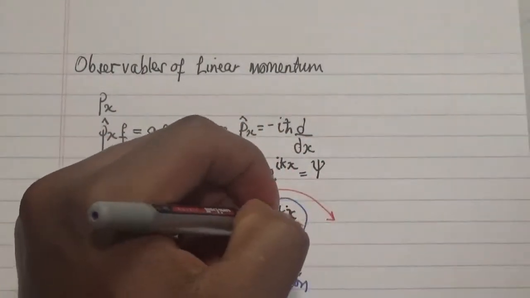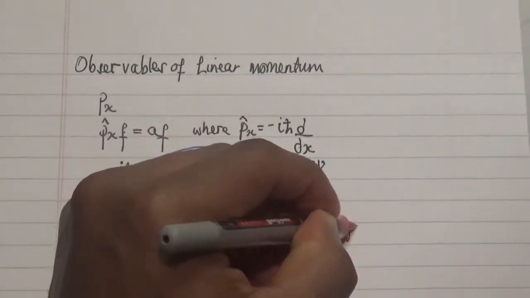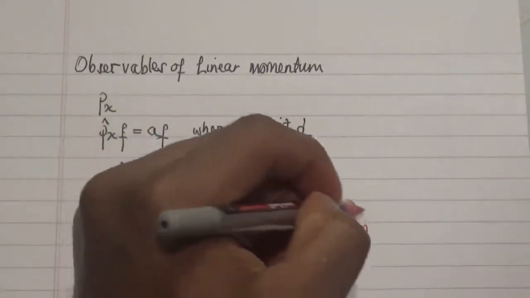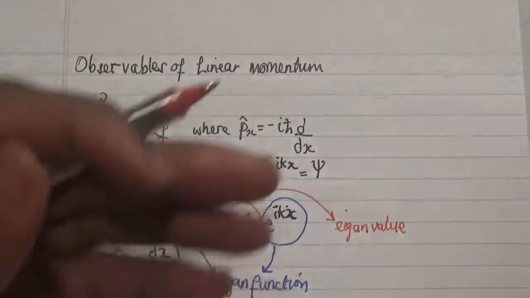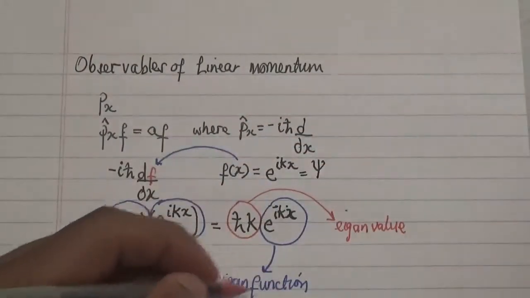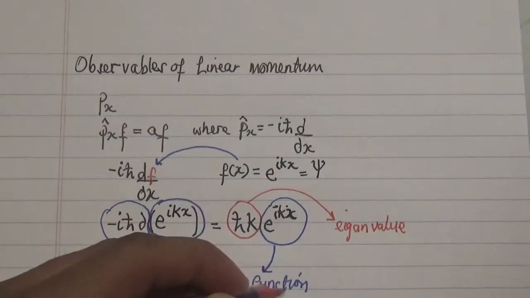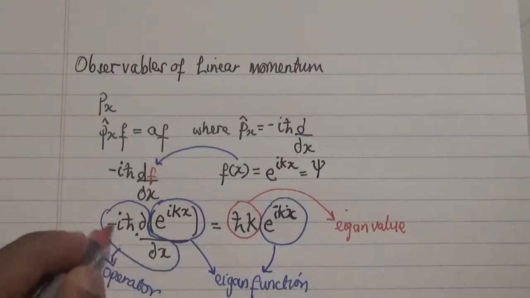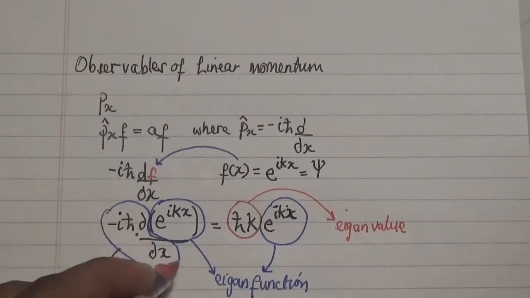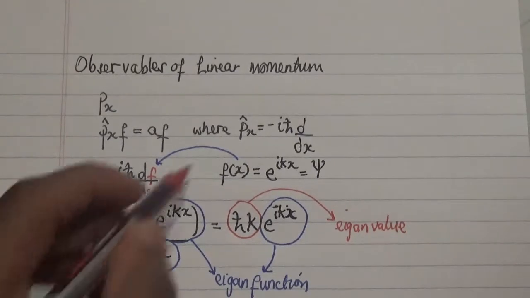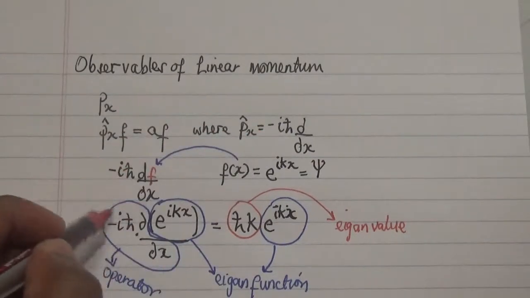This is our eigenvalue, which is observed during the measurement, while this is the eigenfunction of our operator, and this part is our operator, which is what we started off with.